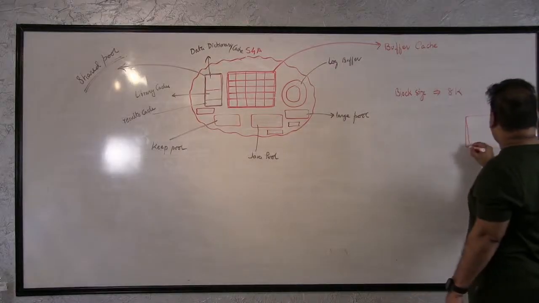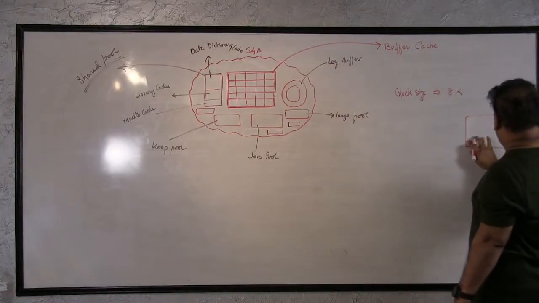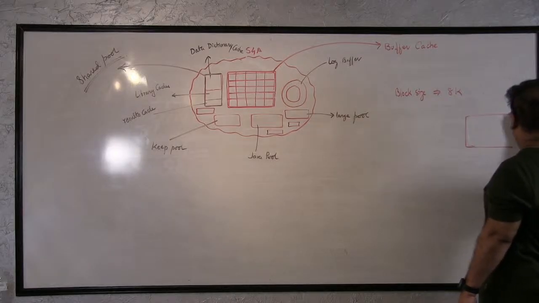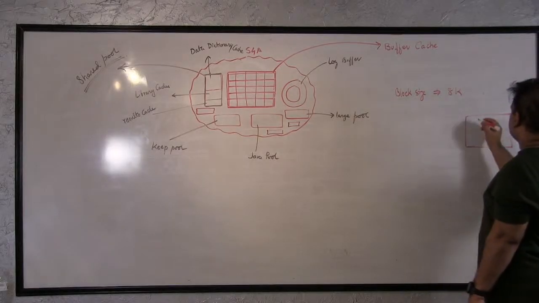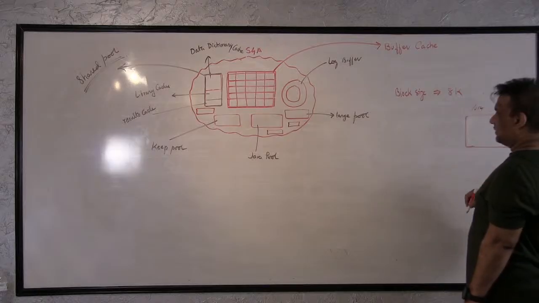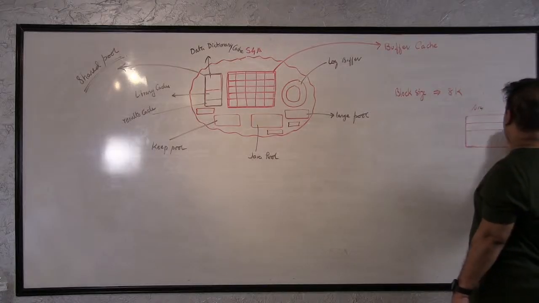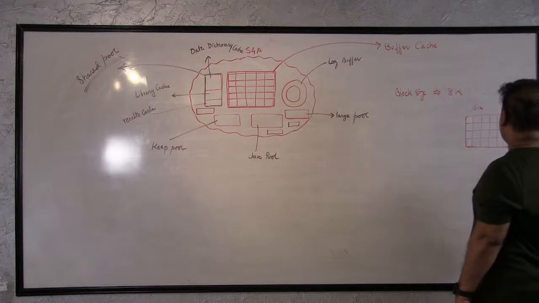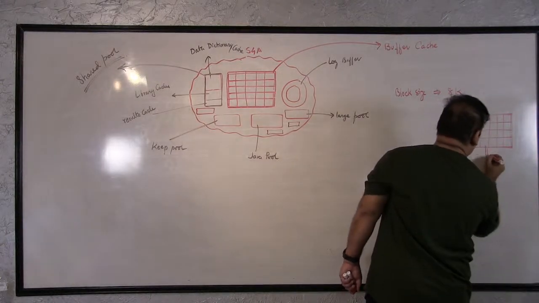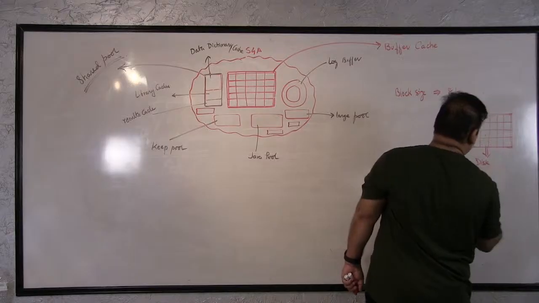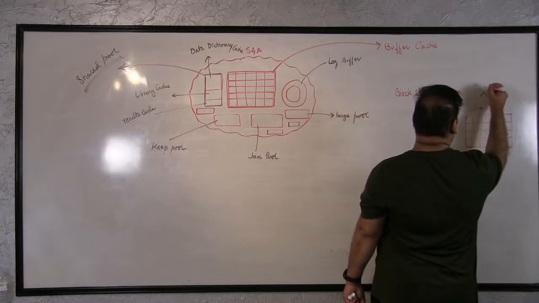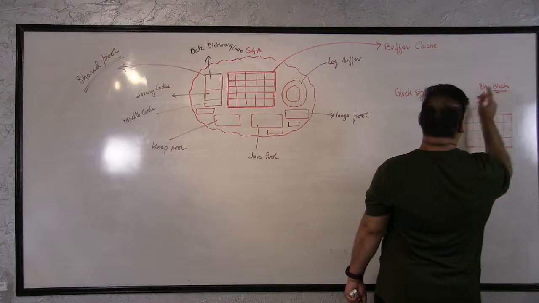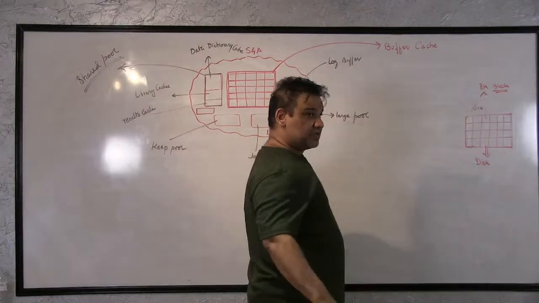Let's say this is your U14, this is the actual disk. So the block size here is all divided in here, and this is on the disk. On the disk, the space reserved as 8K is called a block.